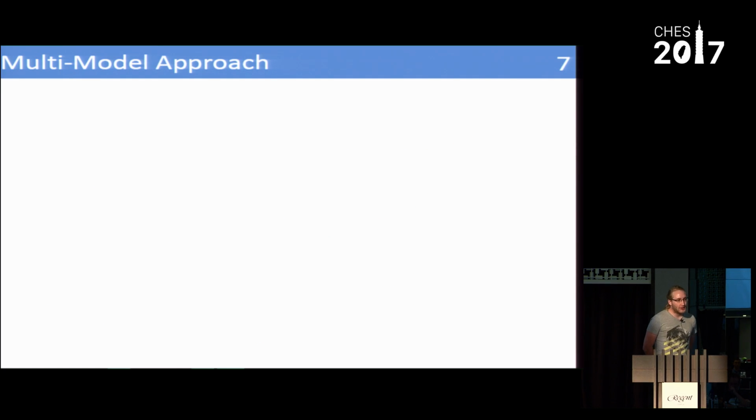So our strategy was to use what we call the multi-model approach. In side-channel analysis, you generally have three main models: the probing model, the bounded moment model, and the noisy leakage model. Each of these models can bring something different in terms of security. What we want to do is to extract the security notion of each of the models and then combine them to have something as accurate as possible.